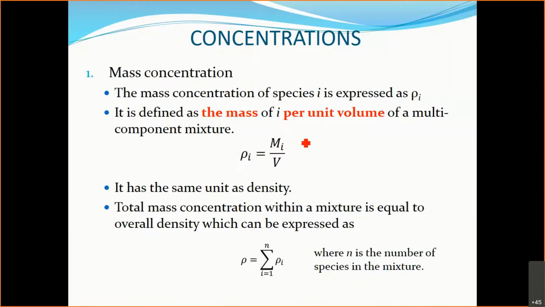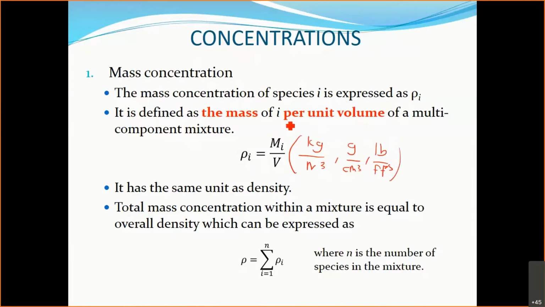If I were to put a unit here, I can put possibly kg per meter cube, or gram per cm cube, or pound per feet cube. All these are units for density.